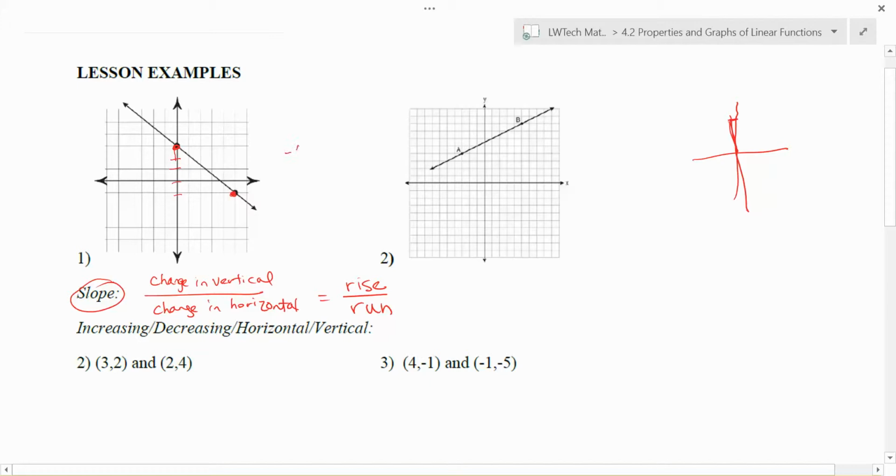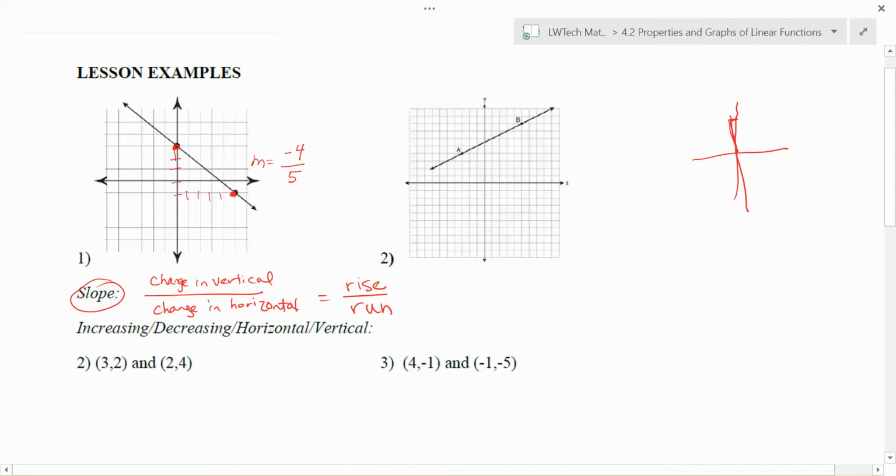Because we're going down, we'd use a -4 for the vertical change. Then we're going to go to the right 1, 2, 3, 4, 5 places. And so we could look at this as -4/5 as our slope. The -4 correlates with going downhill, and the 5 relates to the change of going over towards the right.